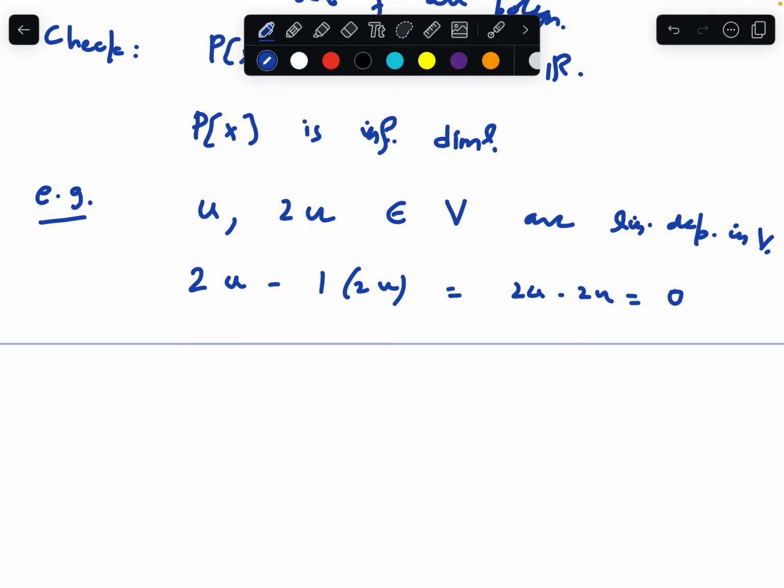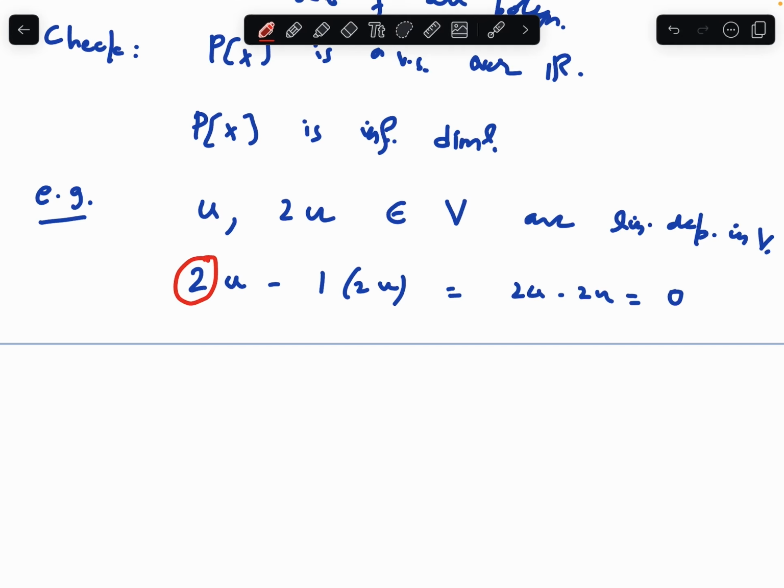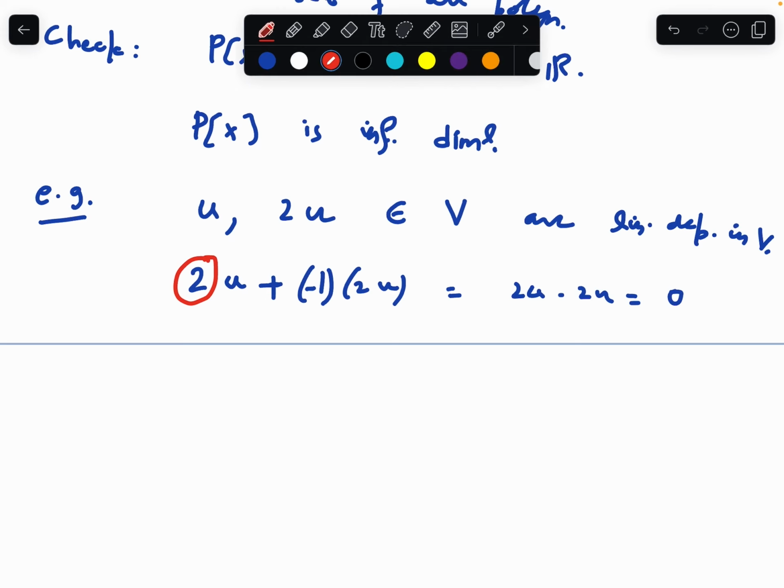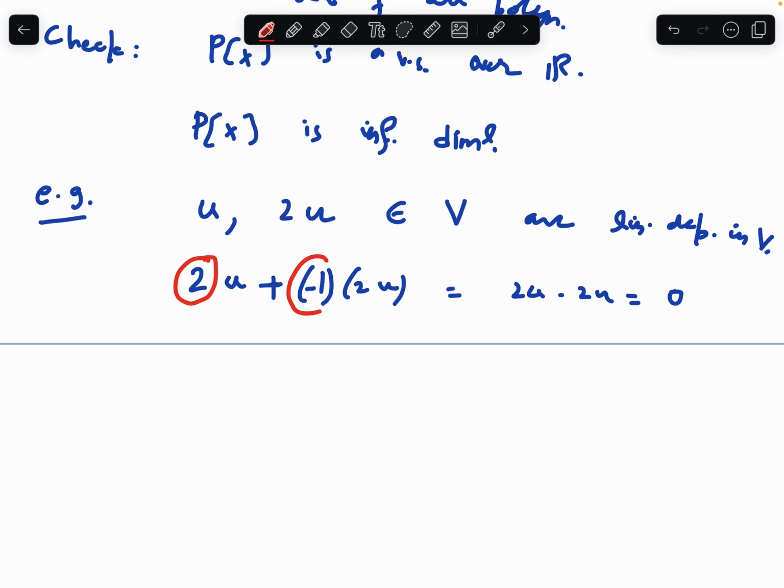So c1 v1 plus c2 v2 equal to 0, but these coefficients are non-zero, right?